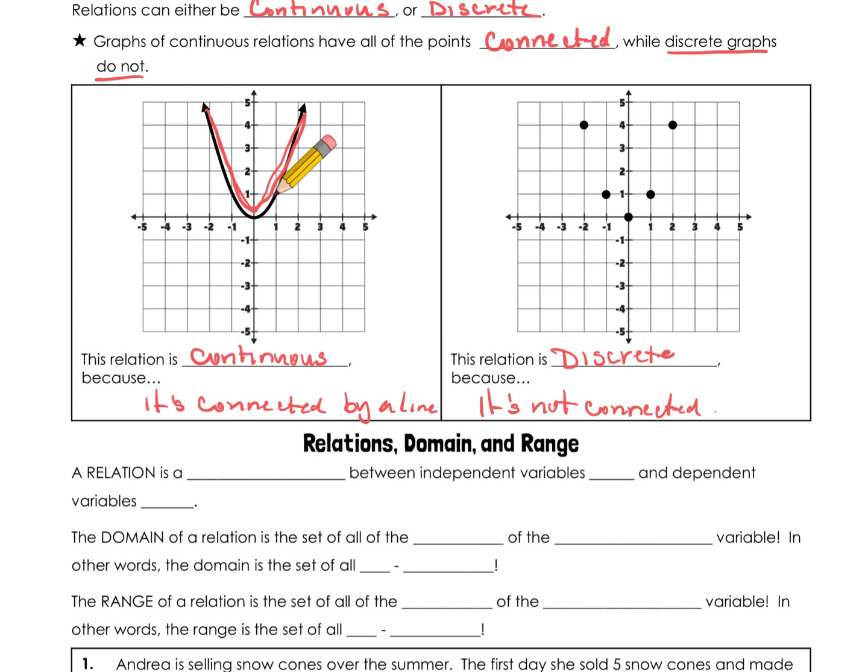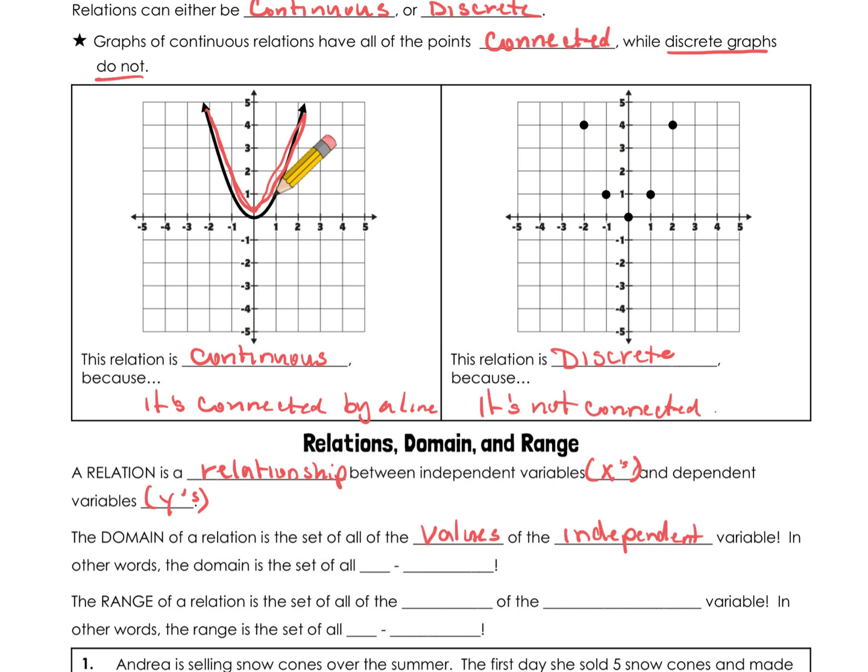A relation is a relationship between independent variables, and your independent variables are your x's. That really does say that. And dependent variables, which are your y's. The domain of a relationship is the set of all values of the independent variables.